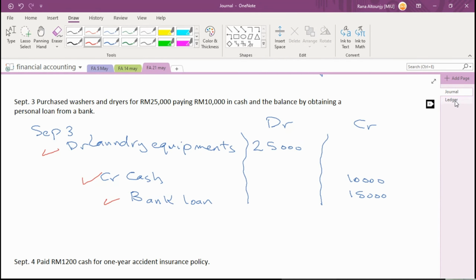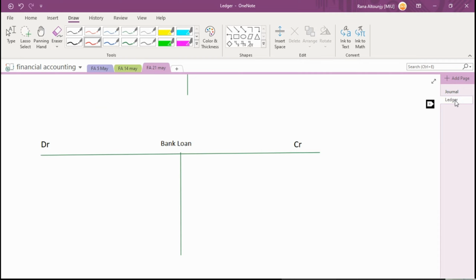We write September 3rd, laundry equipment. And here also we don't put the 25,000.